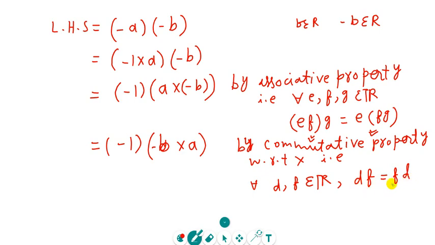This is the form of commutative property with respect to multiplication. If we take any two real numbers, then they will be the same: df is equal to fd.